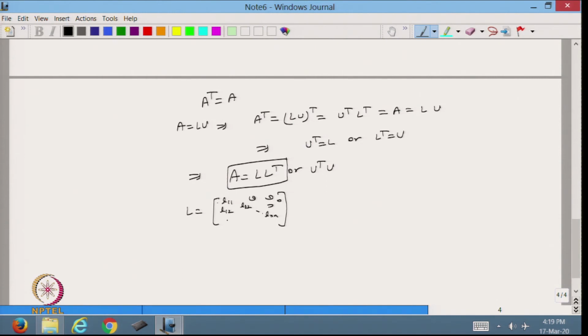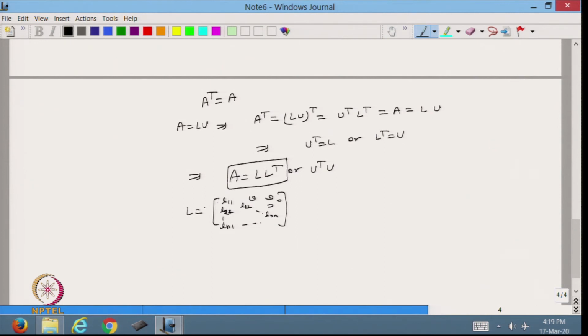So, L12, L21, LN1, this one. Now my L transpose will be the same elements, but it will become the upper triangular matrix.